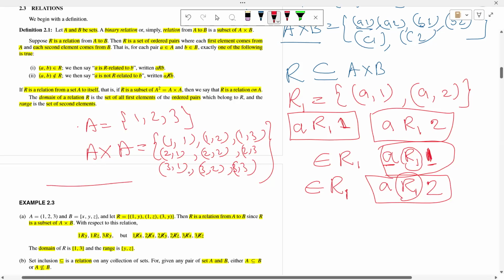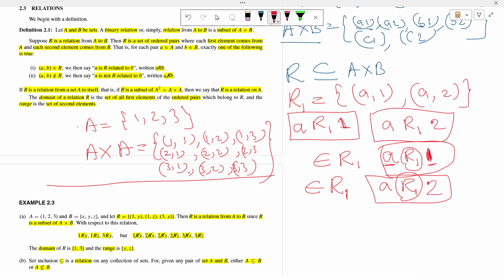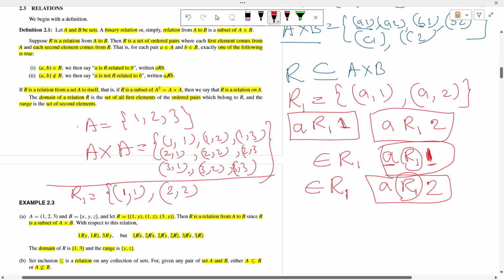Okay, now in a relation we have two terms, domain and range, right? For this question, I am writing a relation R1 with (1, 1), (2, 2), and (3, 3).